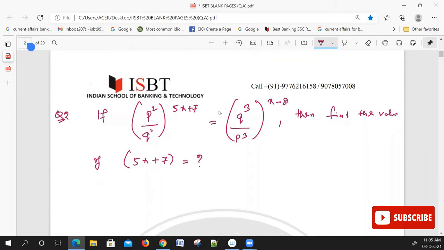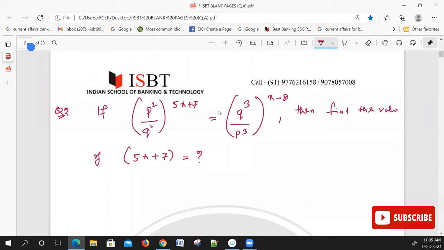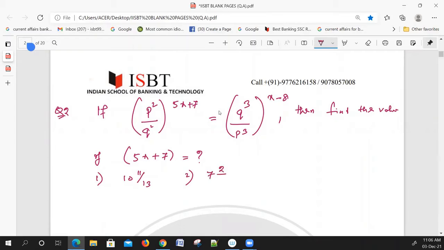Look at the question very carefully. And the options are: option 1, 10 whole 11 by 13. Option 2, 7 whole 2 by 9.